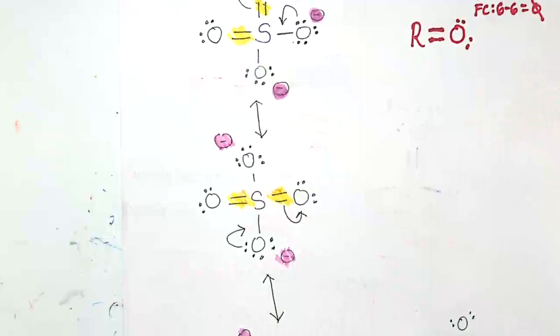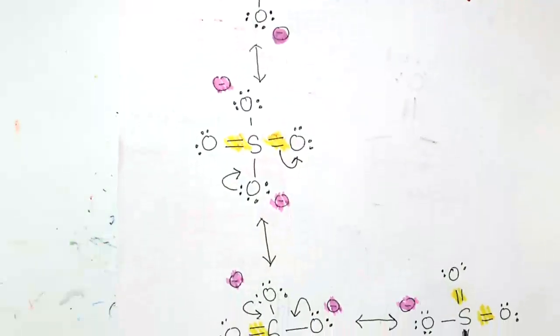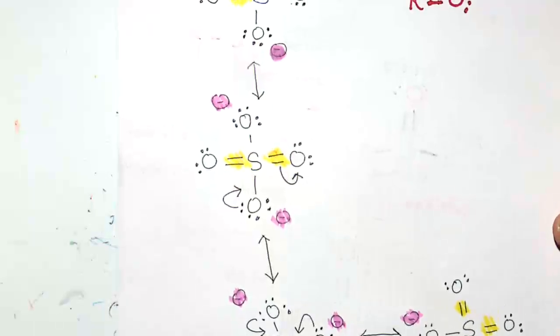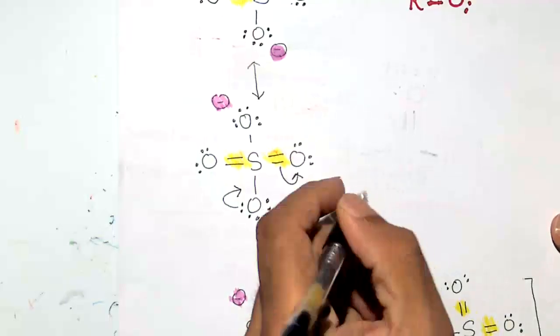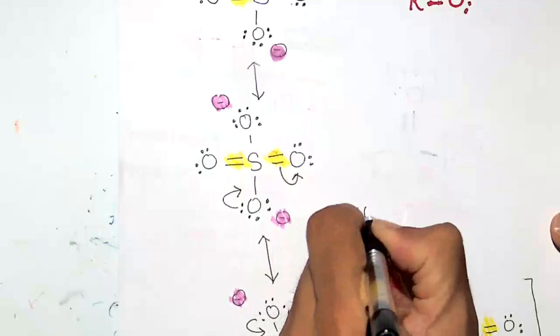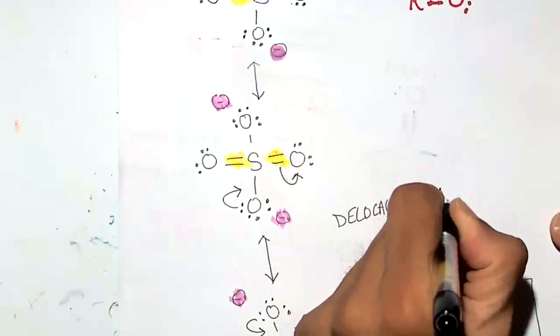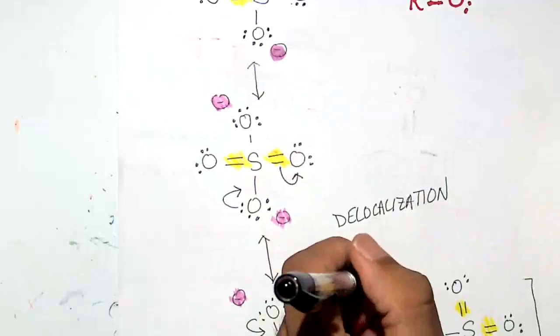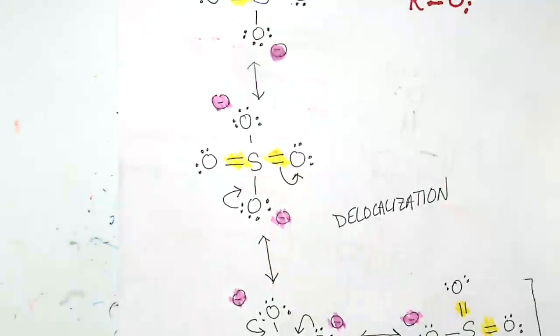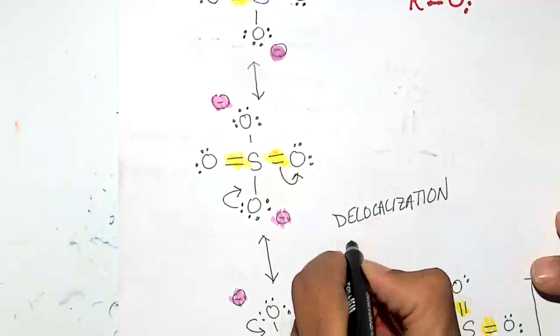Okay, I have it here and here. Okay, and I think I can do up and down. So anyways, there's about 4 resonance structures here. Okay, this is called delocalization. And this is also called resonance.